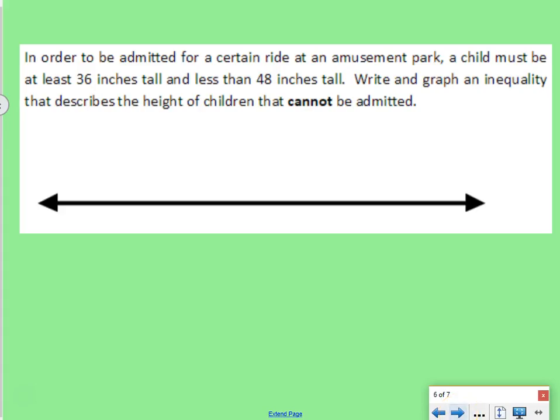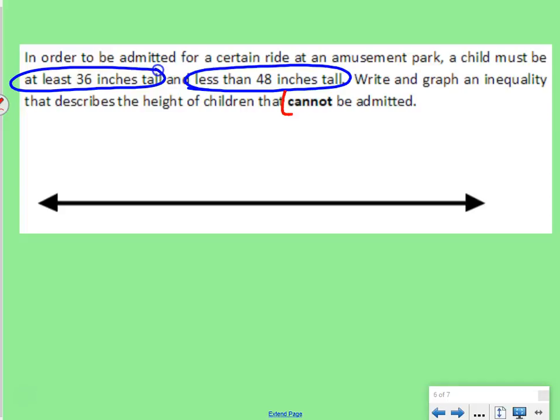All right, last question. In order to be admitted for a certain ride at an amusement park, a child must be at least 36 inches tall and less than 48 inches tall. Write and graph an inequality that describes the height of children that cannot be admitted.